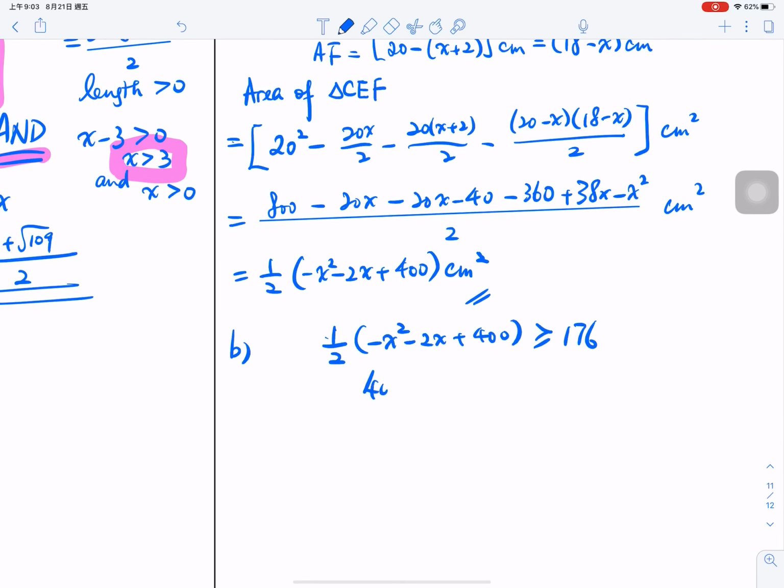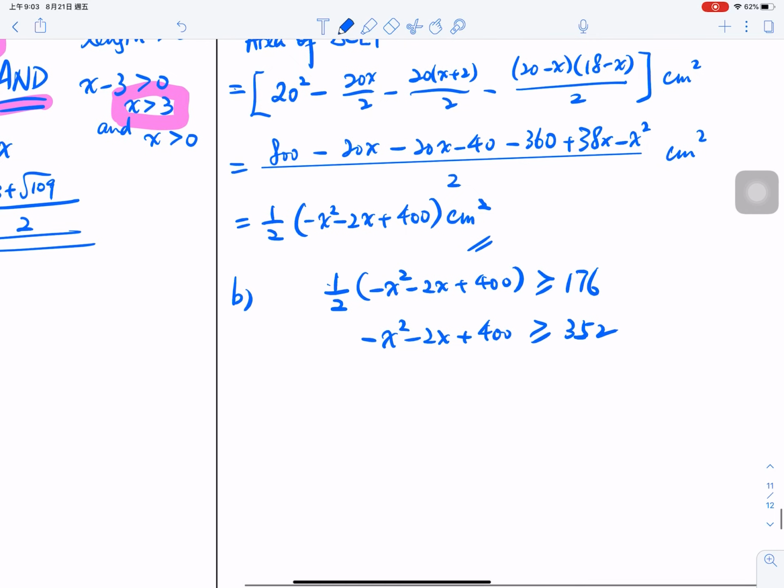So 400 minus, maybe write like this. Negative x squared minus 2x plus 400 greater or equals 352, right? Then simplify and rewrite it, the coefficient of x squared be positive.